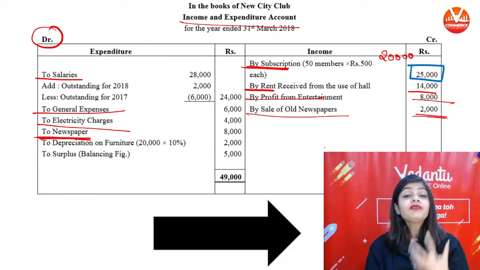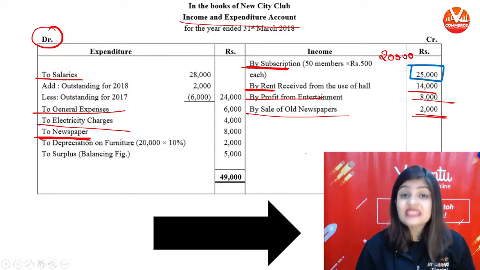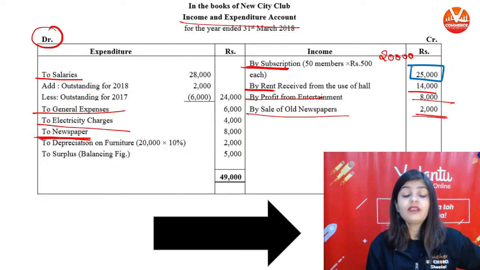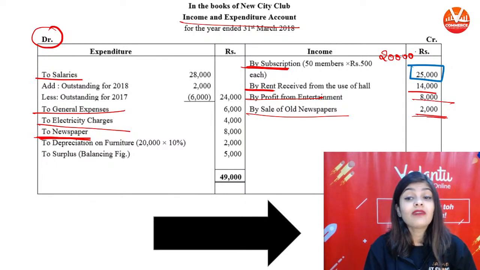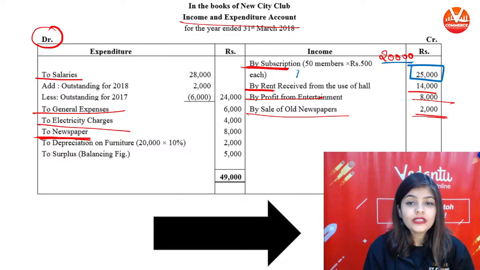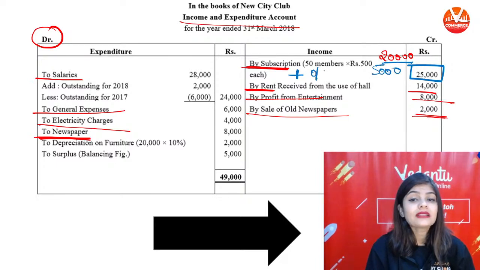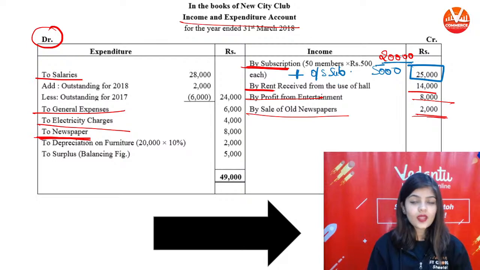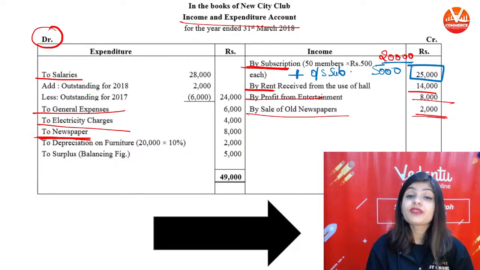Out of 25,000, how much have we received? Out of 25,000, we have only received 20,000. So the balance 5,000 is outstanding subscription of the current year.